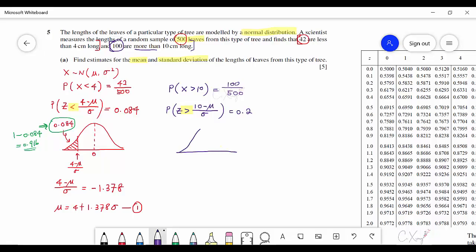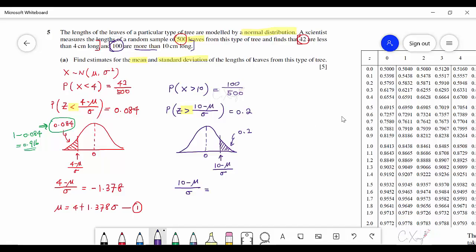So which means if I draw it out, it might look something like this. 0. This area is a small area on the right hand side of z, which is 0.2. And this value itself should be 10 minus mu divided by standard deviation. So from this diagram, you should be aware that the value of z that we find later should be a positive value.